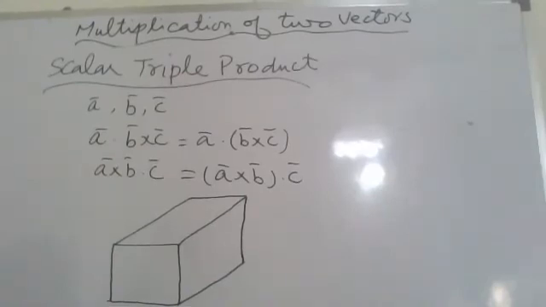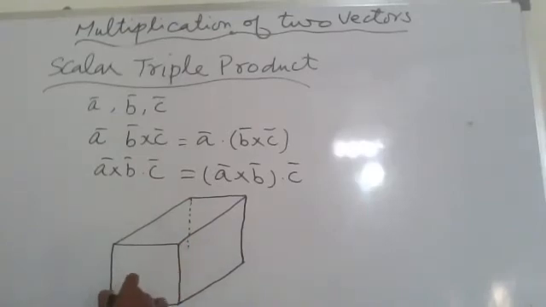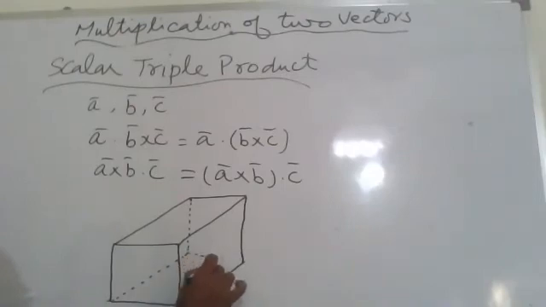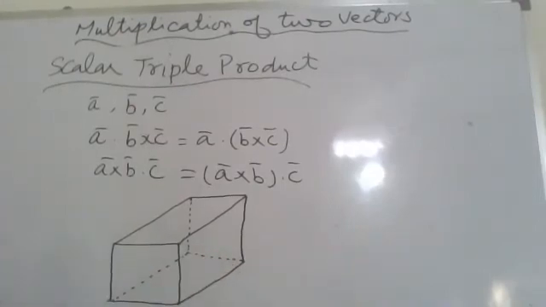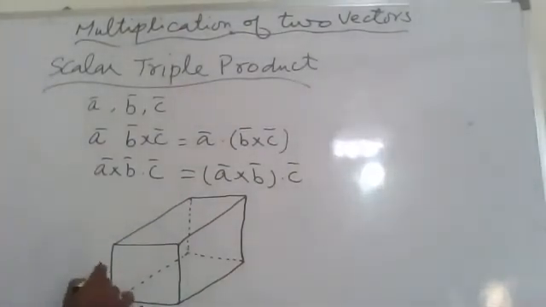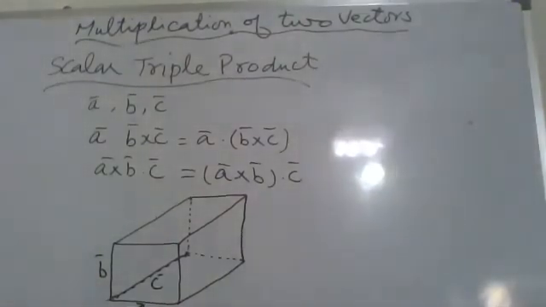This is a parallelogram. This is A, this is B, and this is C. So how do we find the volume?